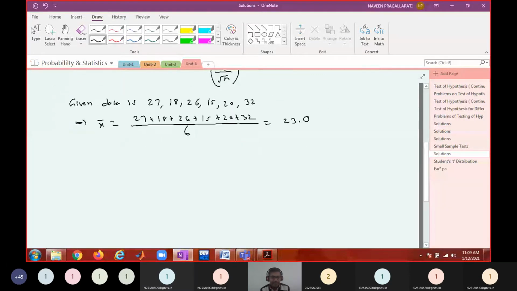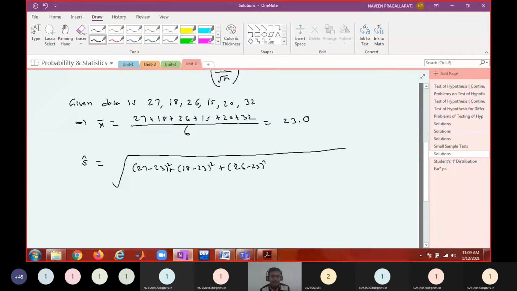So then you find out s cap square, or s cap as the square root of: 27 minus 23 whole square plus 18 minus 23 whole square plus 26 minus 23 whole square plus 15 minus 23 whole square plus 20 minus 23 whole square plus 32 minus 23 whole square, dividing instead by 5.